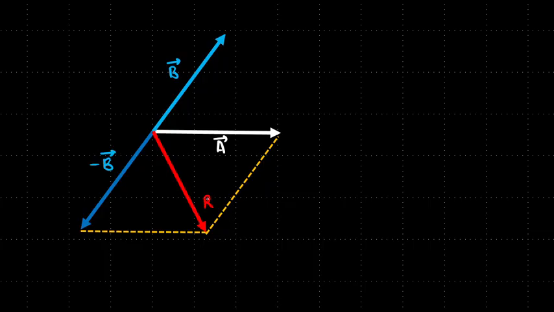The resultant is just going to be vector A plus vector B, but in this case it is not vector B, it's minus vector B. This is why we say this is basically like addition, because as you can see, it's vector something plus vector something.